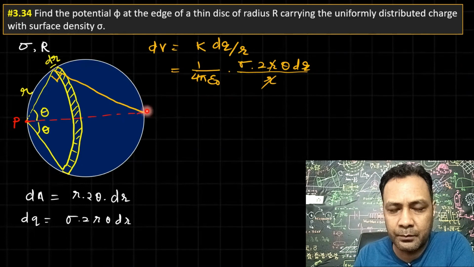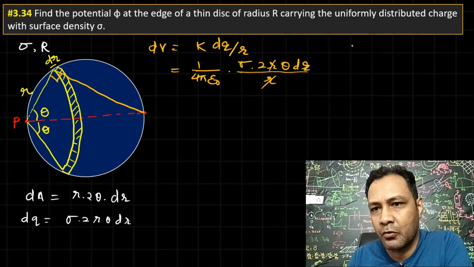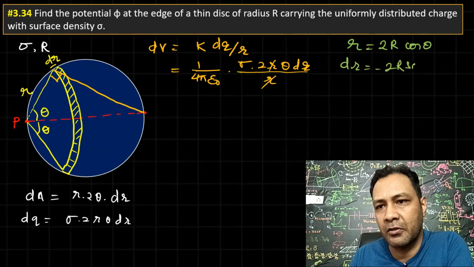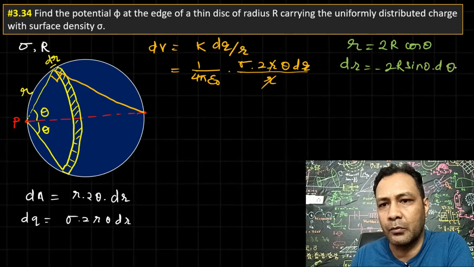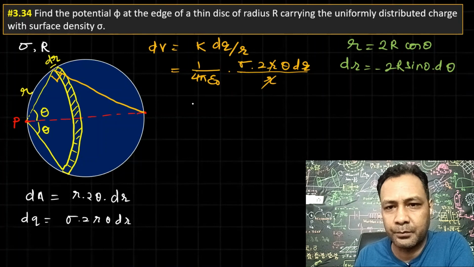This is 2r diameter, this is theta, this is small r, a right angle triangle. So this small r should be 2r cos theta. So small r is equal to 2r cos theta, so small dr would be minus 2r sin theta d theta. Now put dr, so everything will now be in theta.